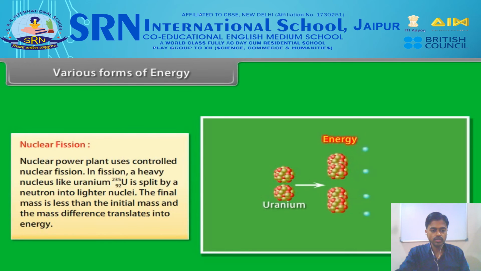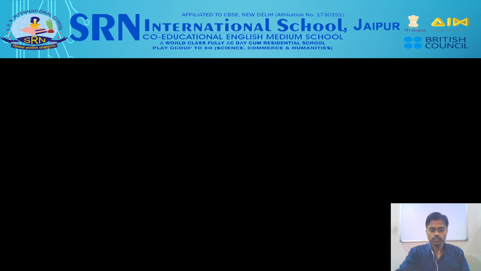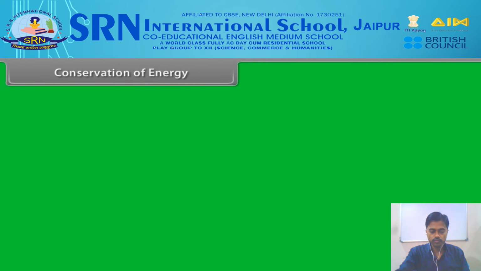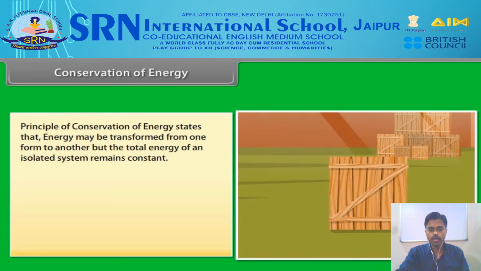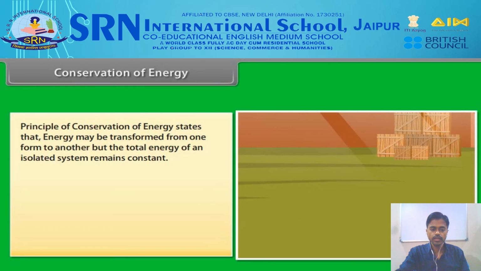The second type is nuclear fission. Here one heavy uranium atom is split into lighter atoms, and the sum of the masses of product and reactant is different. The product has less mass, and that mass is converted into energy.